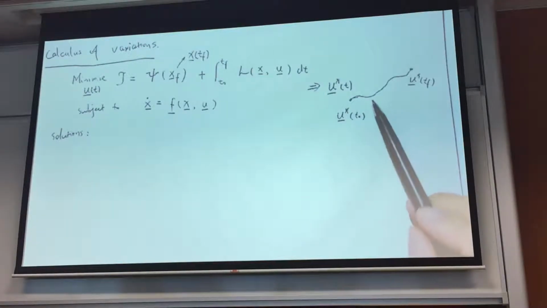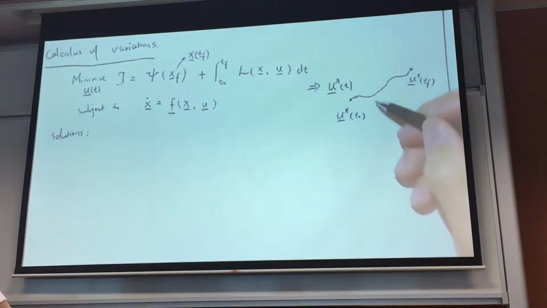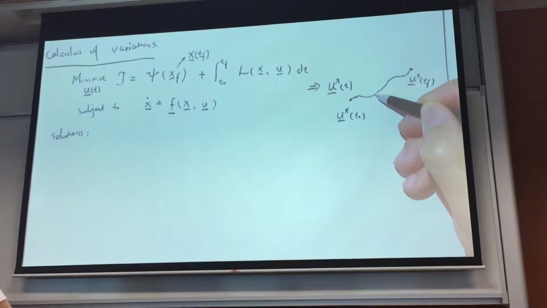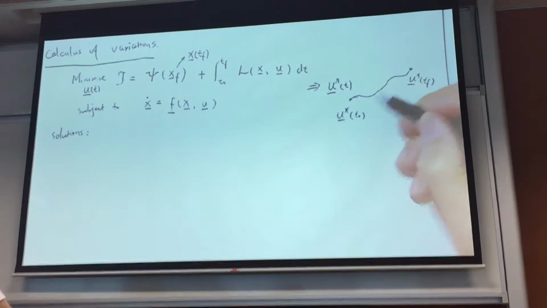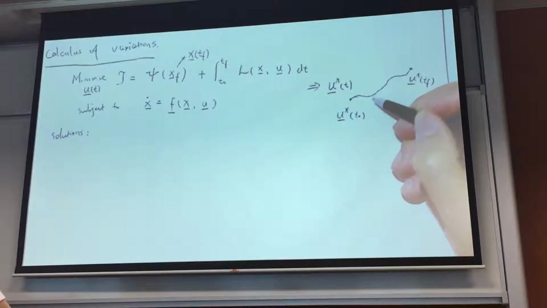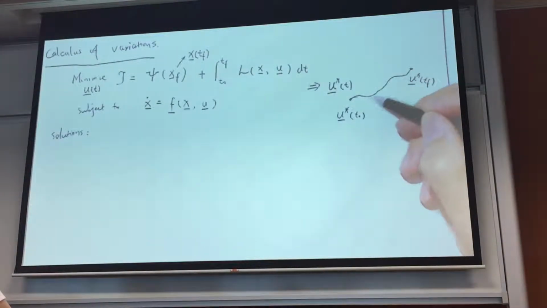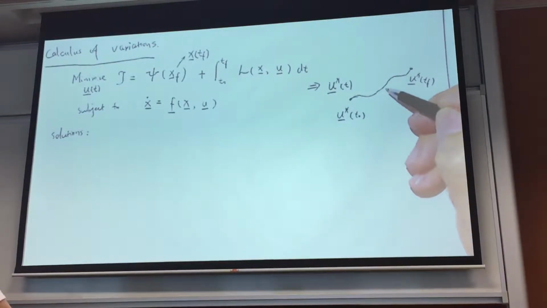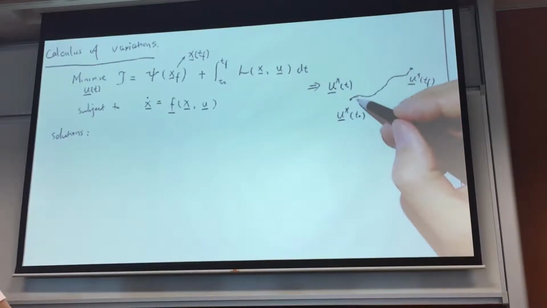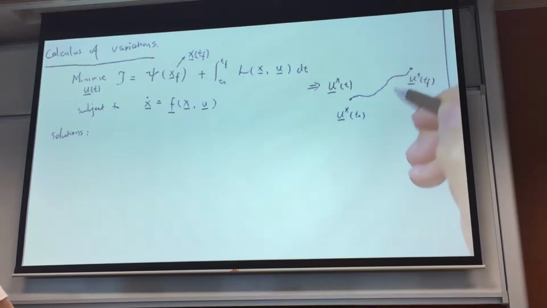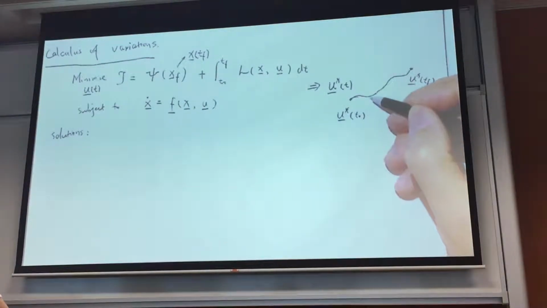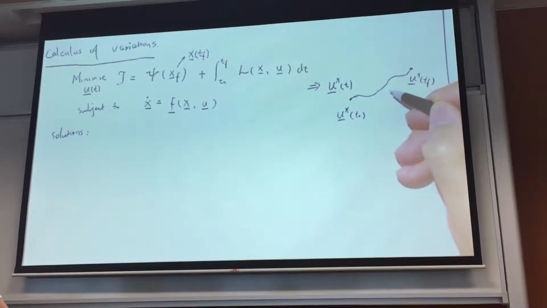But if we make any small perturbation along this control vector, because this one is the optimal control trajectory, if we slightly perturb the control vector, there should be no impact.